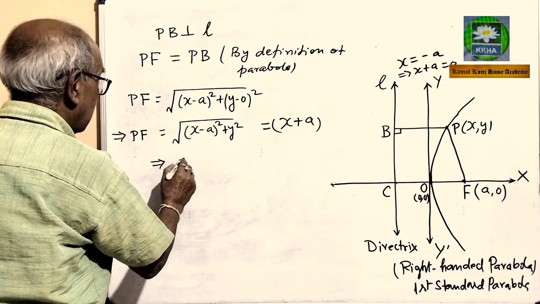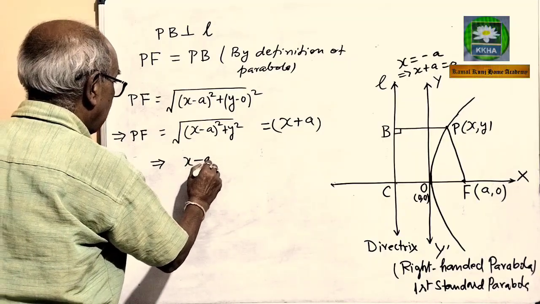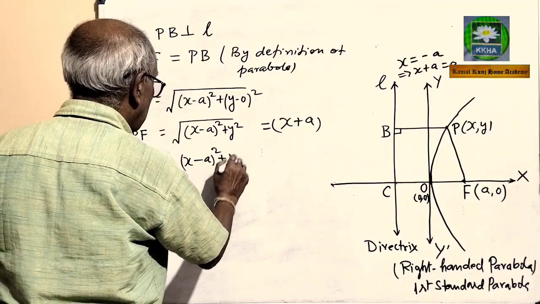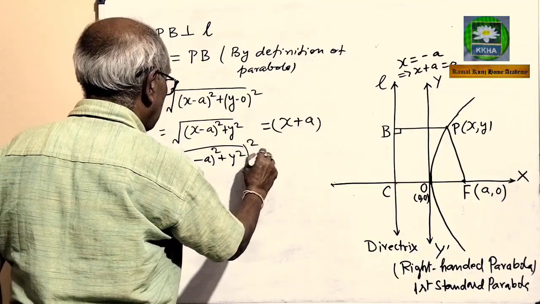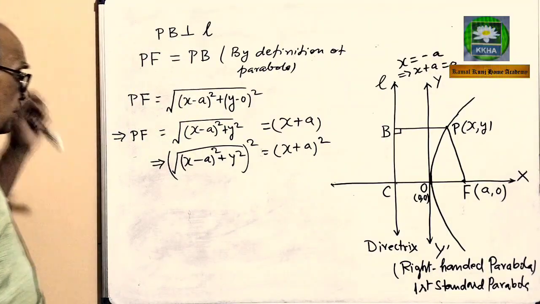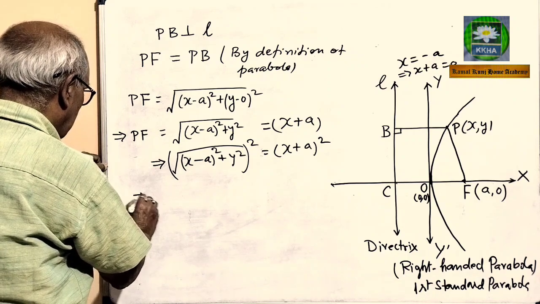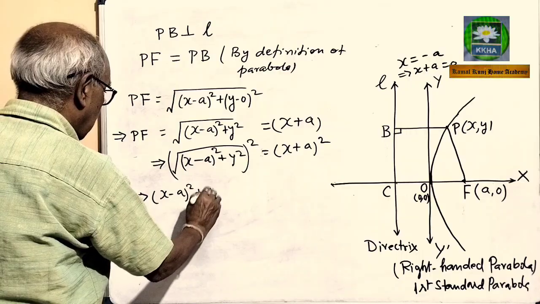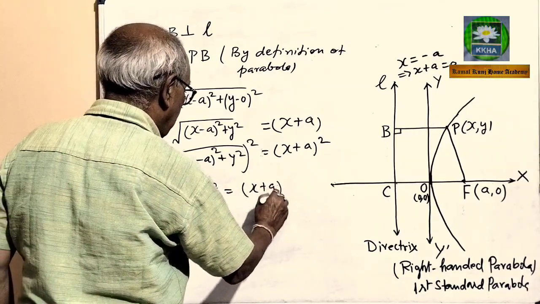Now this implies that root of x minus a whole square plus y square, whole square, is equal to x plus a whole square. This implies that x minus a whole square plus y square is equal to x plus a whole square.